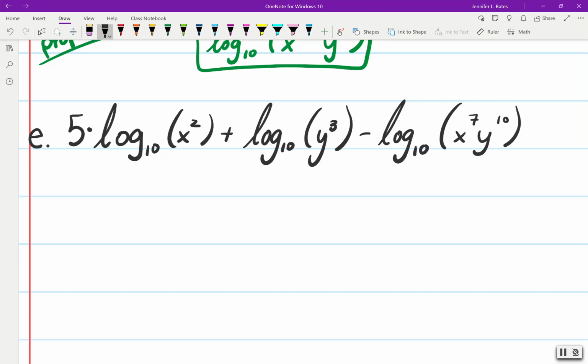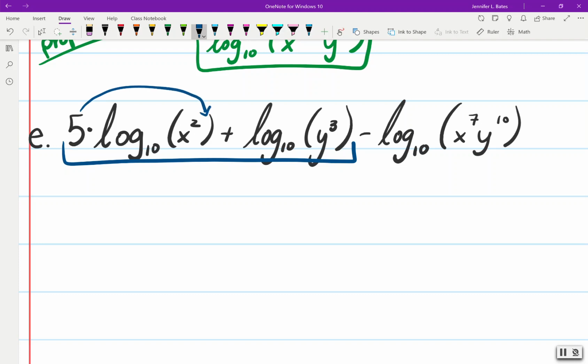All right, so now we have 3 pieces. What we're going to do is start with the first 2 pieces, and leave the 3rd piece alone for now. So I'm going to start by looking here and here. If I want to combine these 2 logs, the first thing I have to deal with is the 5 out front. That 5 out front can come back as an exponent.